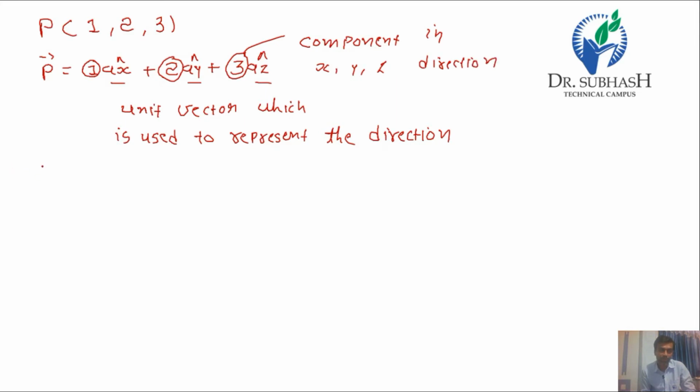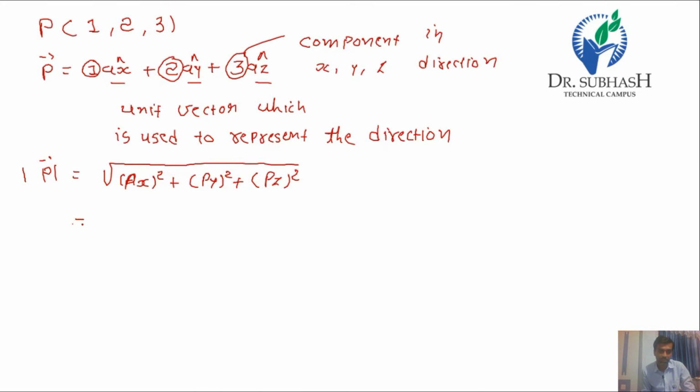Magnitude of this point P or vector V can be represented by the mod P, and it can be found as the square root of the sum of the squares of the components, meaning the square of the Px component, Py component and Pz component.